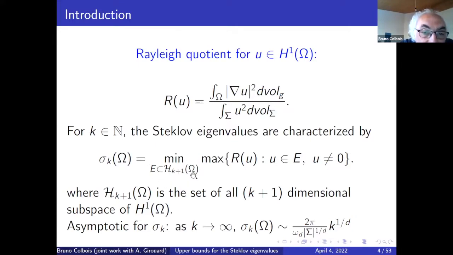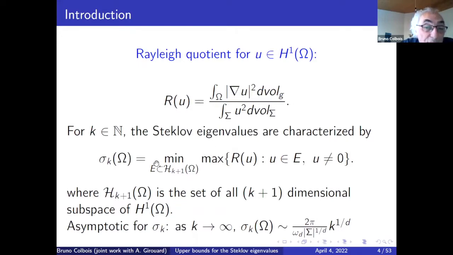if you take a specific space, what is very important is the following. If you can estimate the maximum of the Rayleigh quotient of the functions on this space, then you have an upper bound for the k-th eigenvalue, and this is what we always use.